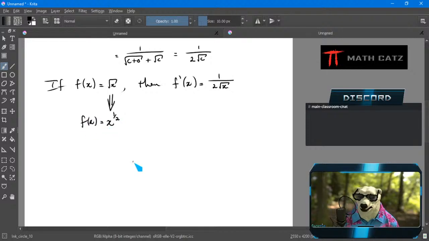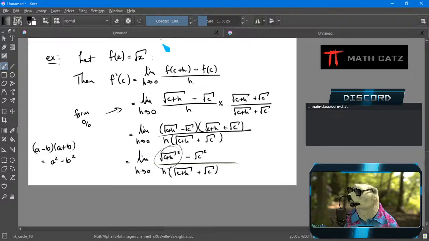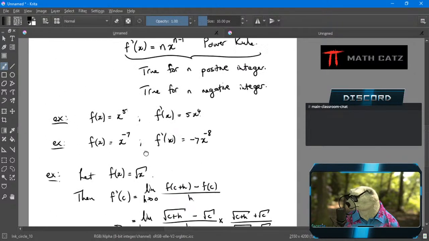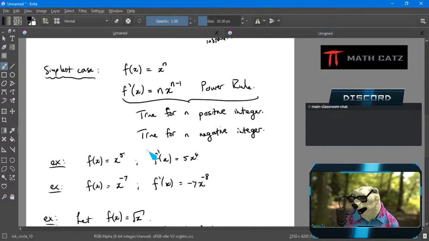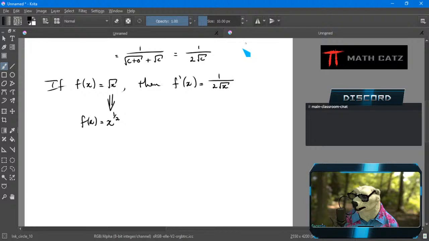So I can see this basic square root function as a power of x. And so far, all the powers of x that I've looked at seemed to fit the power rule. But I haven't looked at fractions until now. The roots are fraction powers of x.